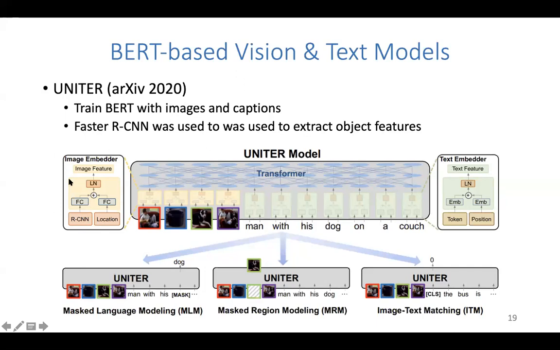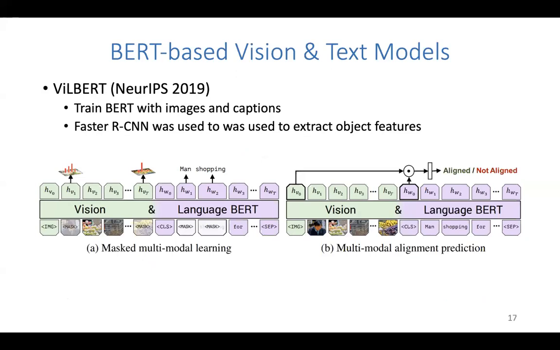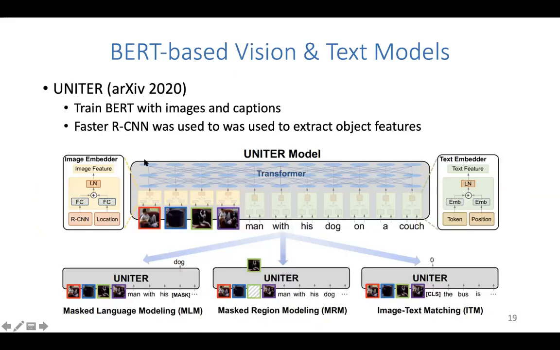In the image embedder, they have the R-CNN feature and the location information put through a fully connected layer or feed forward network, and then summed up, and then a linear transform or lookup embedder, and that's the final image feature. Similarly, here they have a token embedder and a position embedder for the text feature embedding, which is semantically more or less the same as before. Like InterBERT and ViLBERT, they more or less use segmentation embedding and position embedding, so it's not that much different.